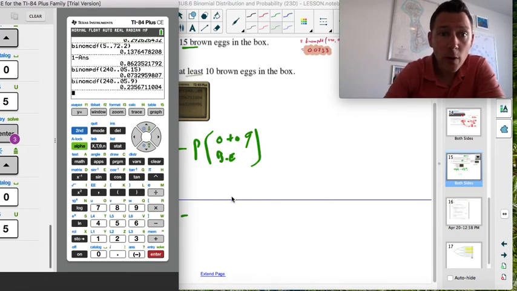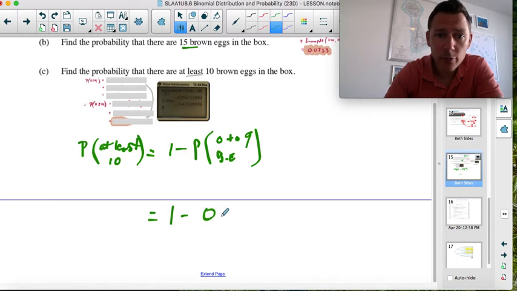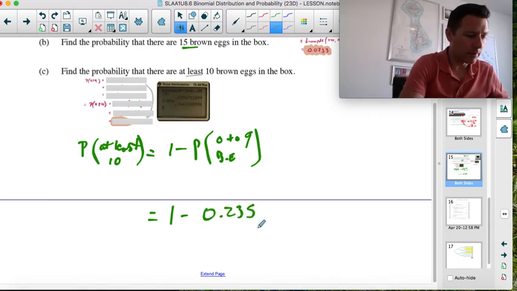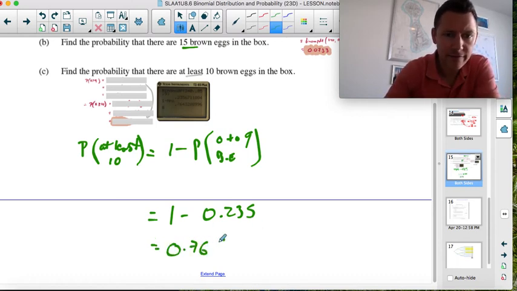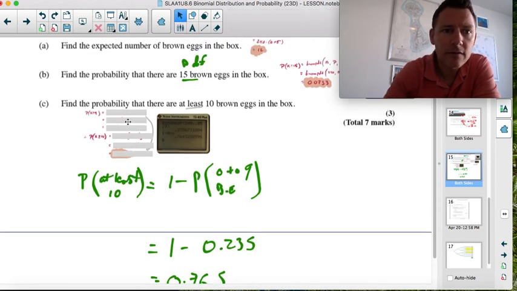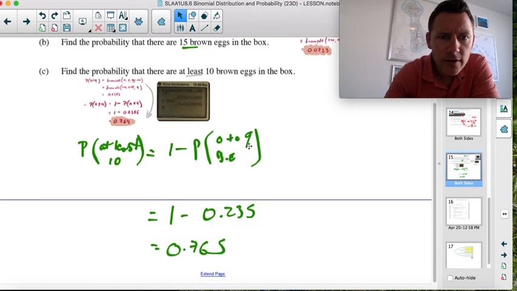So this is 0.235. Then you go 1 minus 0.235, and you get 0.765.